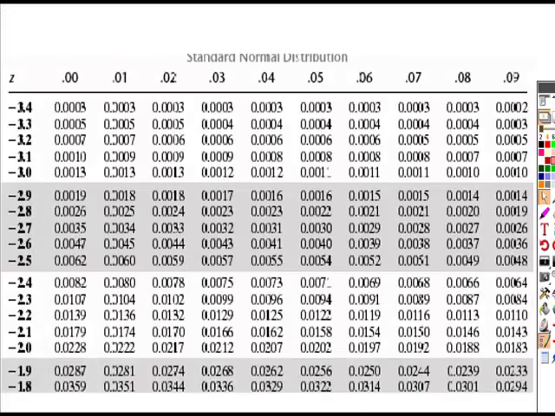Here's a snapshot of the z-distribution table that I prefer to use because it gives us negative values. So if I ask you what is the probability or percentile or area to the left of a z-score that is negative 2.57, remember what this means. 2.5 standard deviations below the mean.